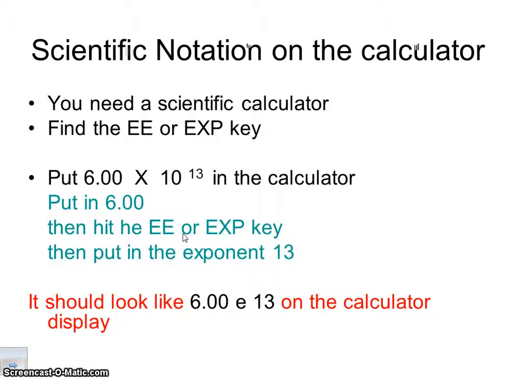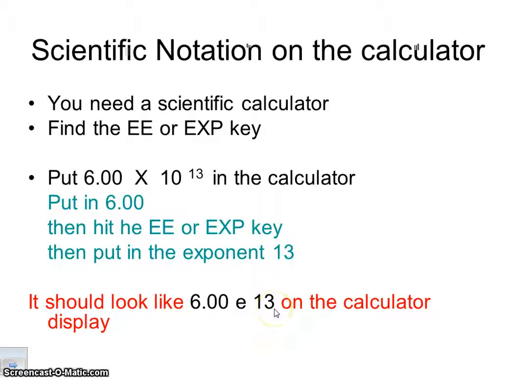Then you hit it. And then you don't put times 10. That's the big mistake that most people make. You put in whatever the exponent is, in this case 13. And so when you look at the display on the calculator, it should be 6.00 with an E, depending on the calculator it might be a big E or a small e, and then 13.